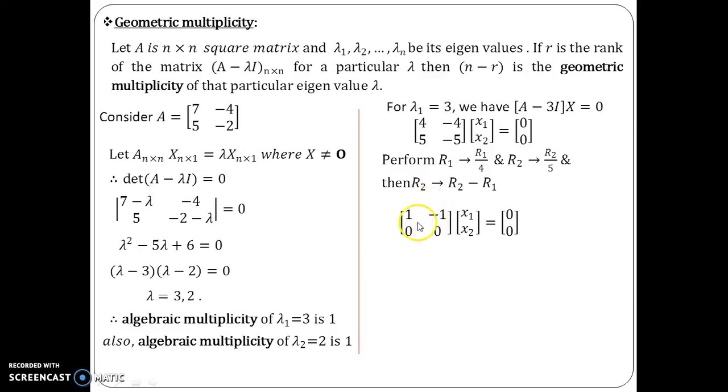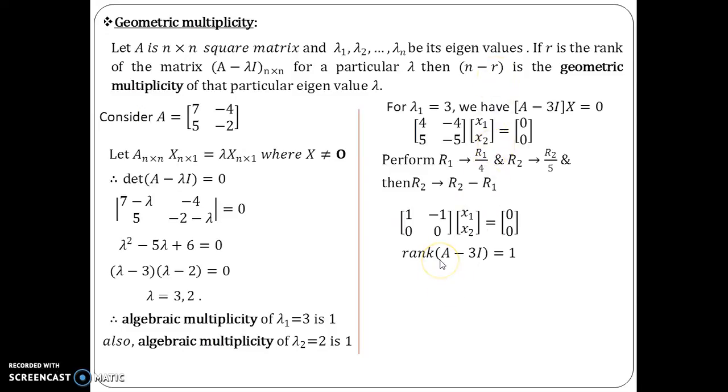That is, the number of non-zero rows in the row echelon form is nothing but the rank of that matrix. So here there is only one row which is non-zero. So the rank of A minus 3I is nothing but 1, because there is one non-zero row. So we have found R.